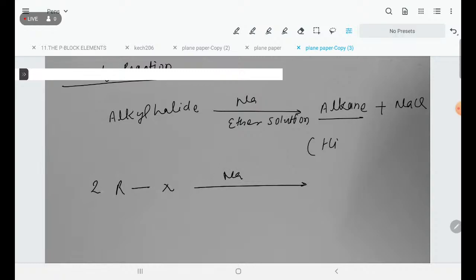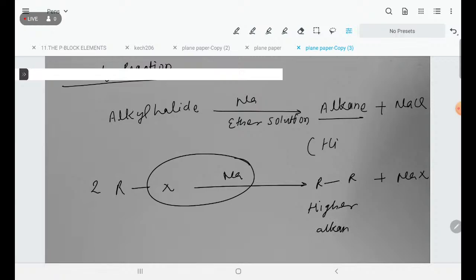Take 2RX. So this is going to be out, so 2R are there, so R-R plus NaX comes out, and this is a higher alkane. That is what I am saying, right?